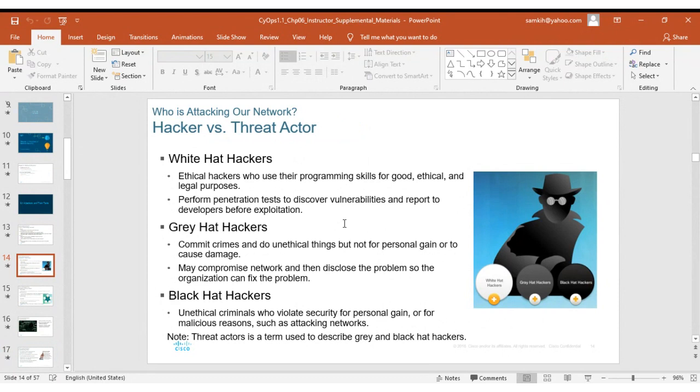Then the gray hat hackers. These are guys who commit crimes and do unethical things, but not for personal gain or to cause damage. They compromise a network and then disclose the problem to the organization so that the organization can fix it.